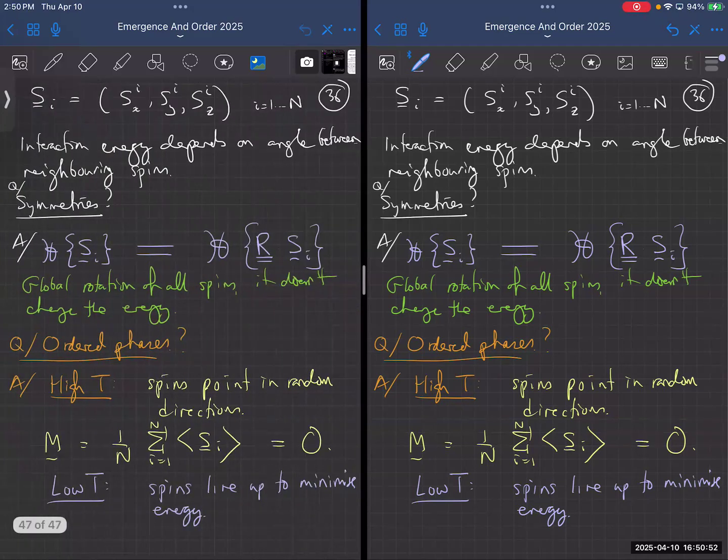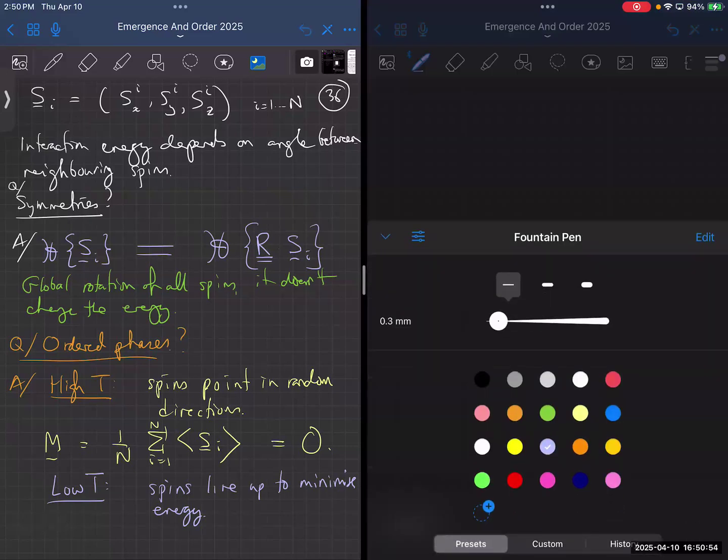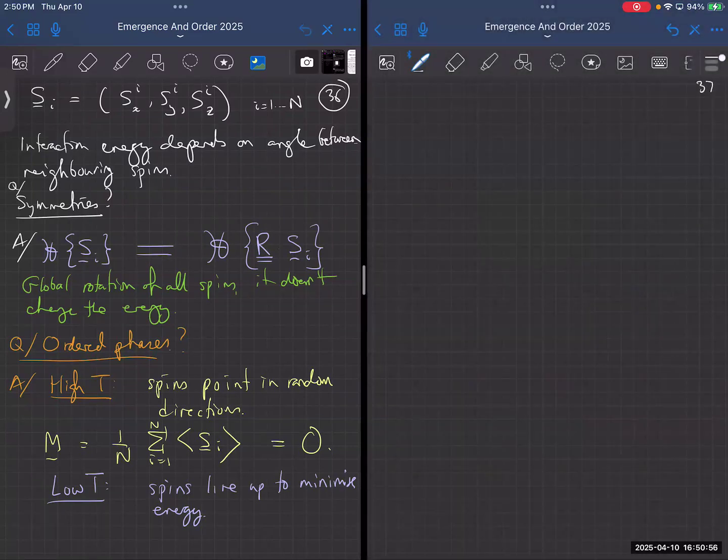So they actually have a choice. So what we would say is that at low temperatures, if there's going to be ordering, the magnetization per spin is m times some unit vector. And what is this unit vector? This will be determined by history.